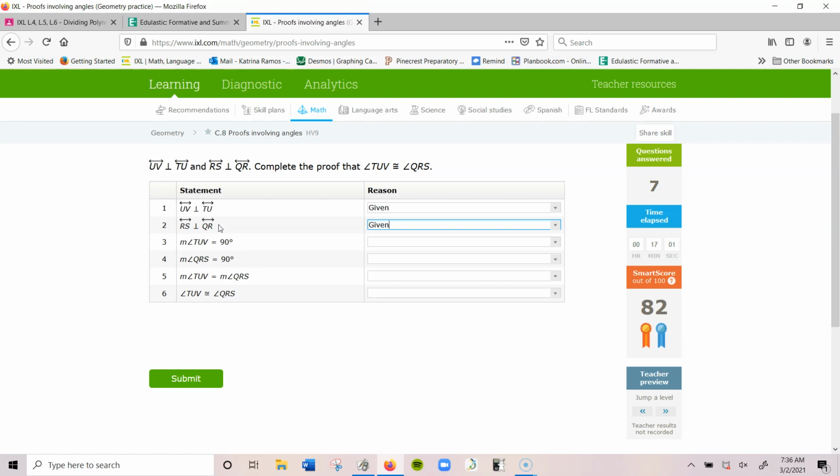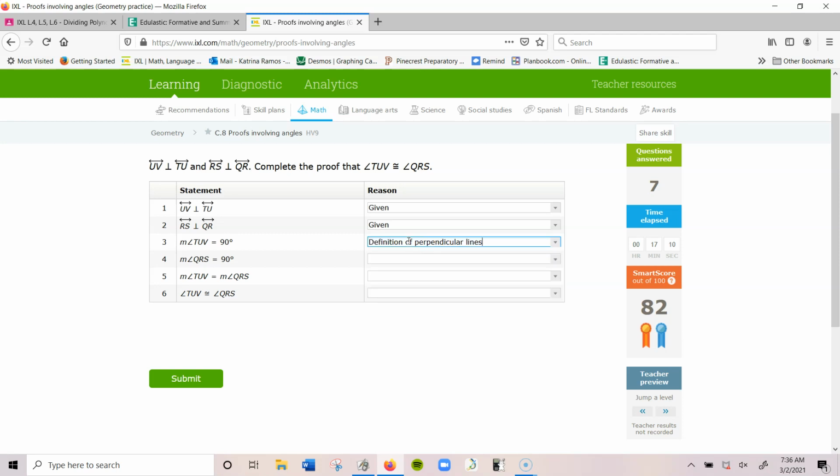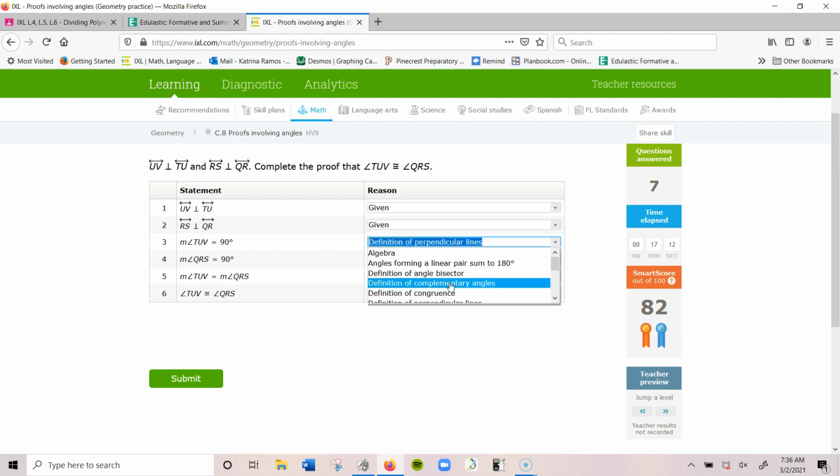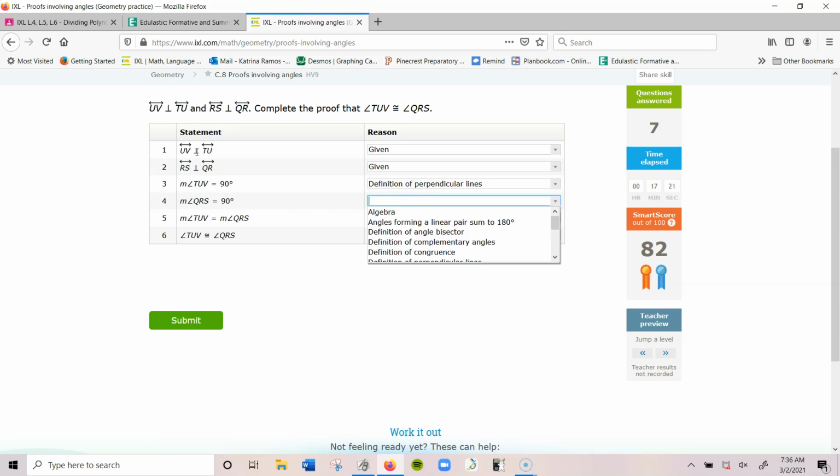If these are perpendicular lines, that means that the measures must be 90, and that is just the definition of perpendicular lines. Let me just make sure and look at the rest of it. Yes, definition of perpendicular lines means that this is 90. And the same thing for QRS, because these are perpendicular, that must mean that those are 90 degrees. So again, definition of perpendicular lines. I want to make sure that that's right.